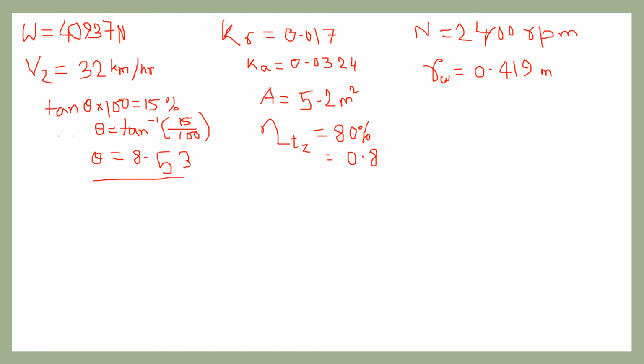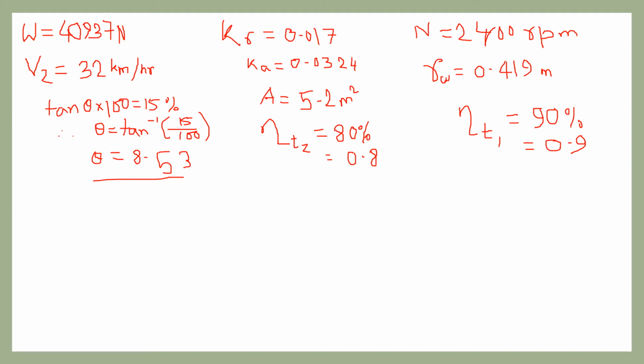The transmission efficiency of 90% in the top gear, that means the transmission efficiency in top gear equals 90%, which is equal to 0.9, and the differential has a gear reduction.